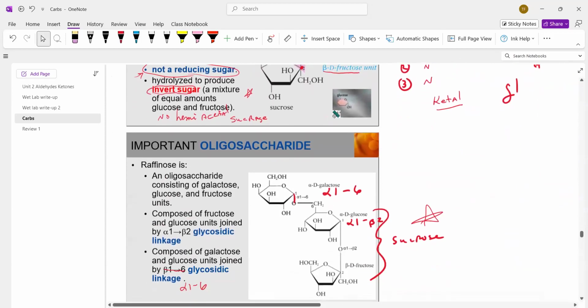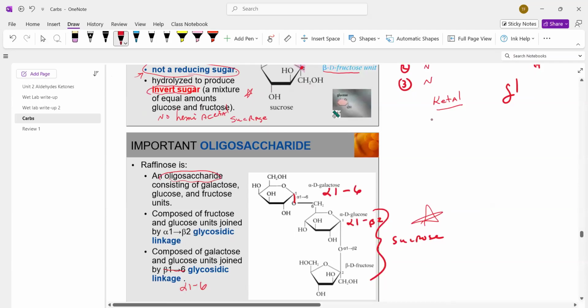Now, when we start adding on more monomers, for example, in this case, it's a trisaccharide, then we're getting into something called oligosaccharides.